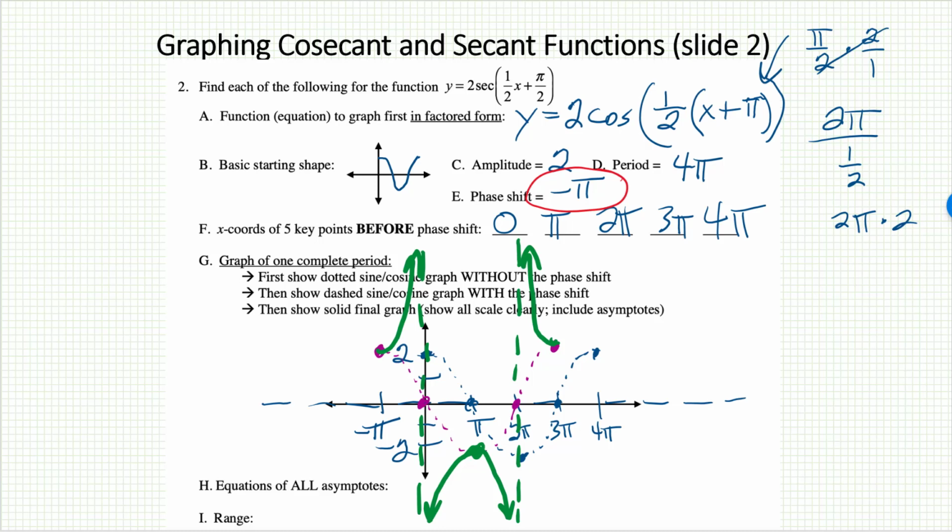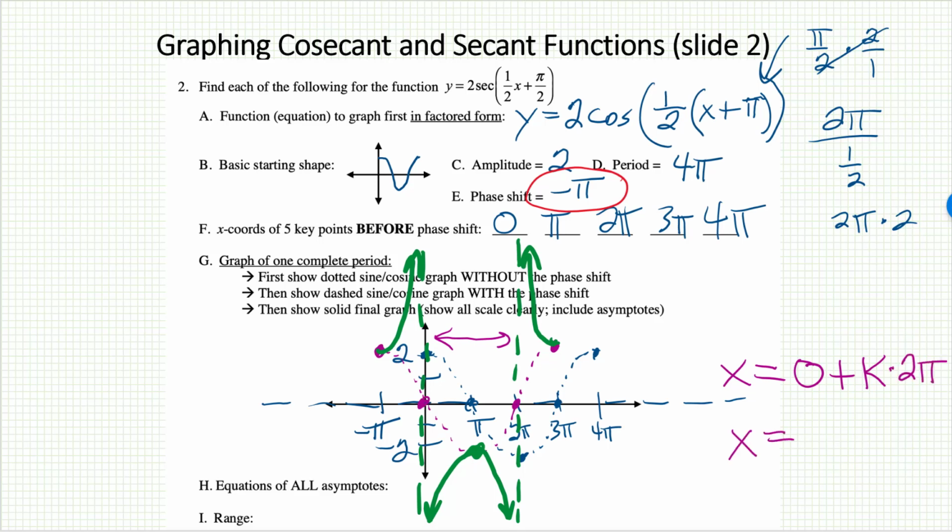What about the equations of the asymptotes? Well, we've been writing x equals the first one, the nicest one, which here is 0, plus k times the distance in between. Looks like the distance between these asymptotes is 2 pi.